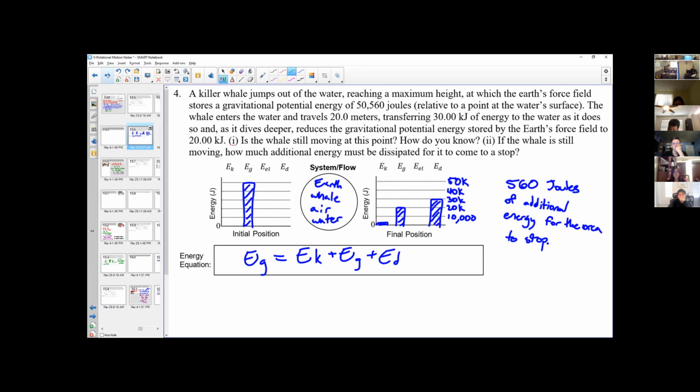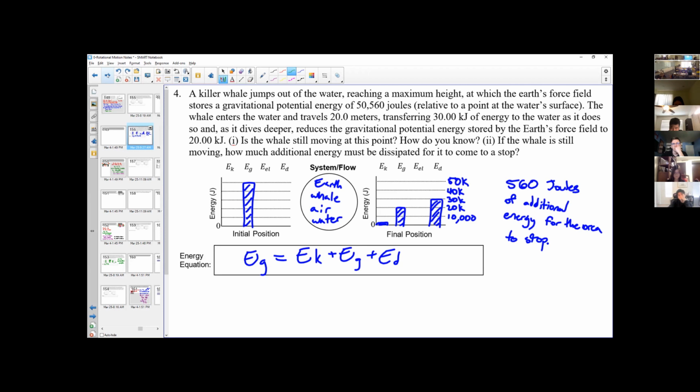So the earth, the whale, the air, and the water. So then to the right, you see the 30,000 dissipated joules, as well as the 20,000 joules of gravitational potential, and then a small amount of kinetic. So then the whale is still moving at this point because it still has energy.